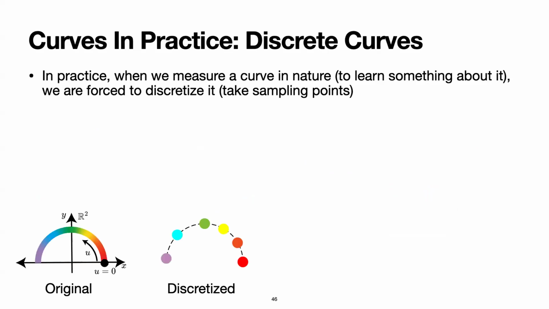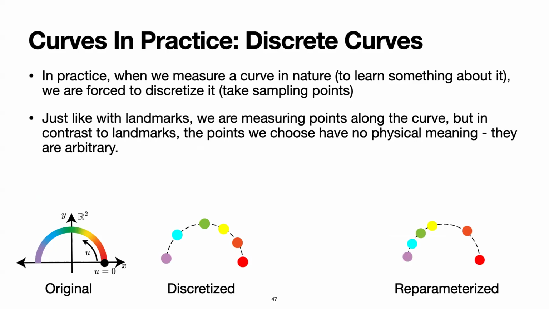In practice, when we measure a curve in nature to learn something about it, we're forced to discretize it, aka take sampling points. So if our original curve looks something like this, we're forced to take sampling points to approximate the curve. Just like with landmarks, we're measuring points along the curve, but in contrast to landmarks, the points we choose have no physical meaning. They're arbitrary.